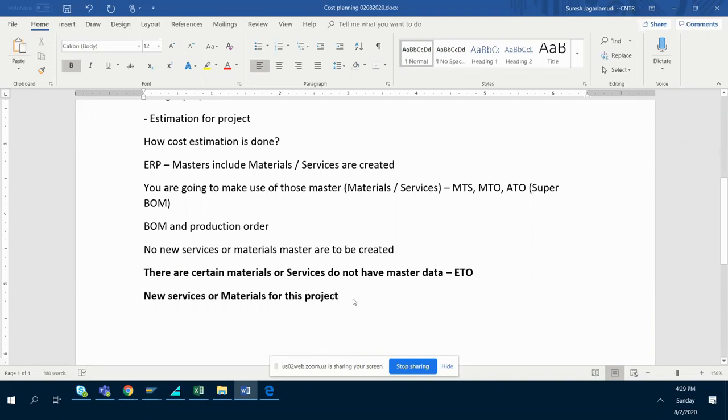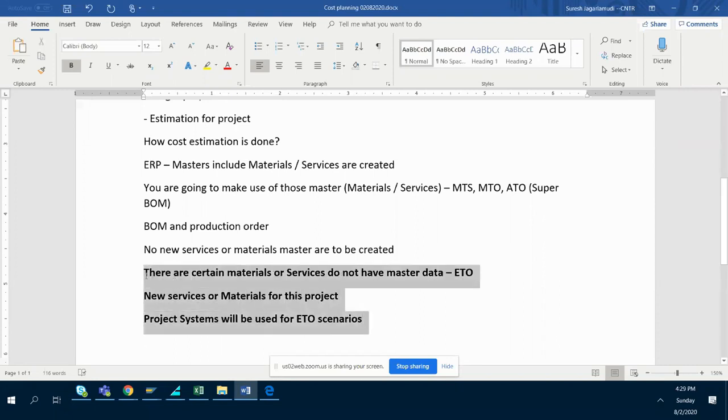And for that reason, you have to use project systems mandatorily. Project systems will be used for all ETO scenarios. Absolutely no compromise. Here you have to mandatorily use it for all ETO scenarios.